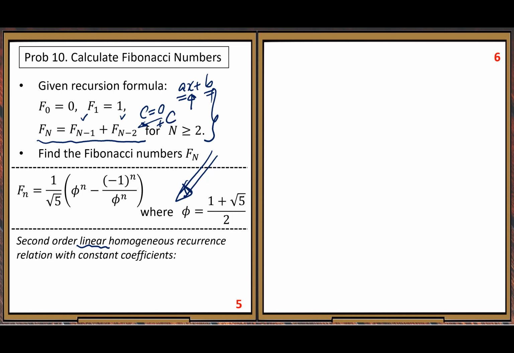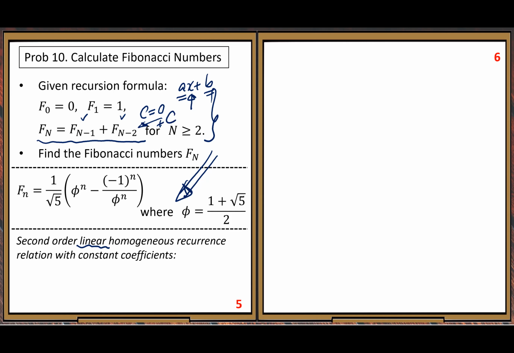Here, our constant c happens to be 0. So when a linear system has constant part 0, people call it a homogeneous equation.